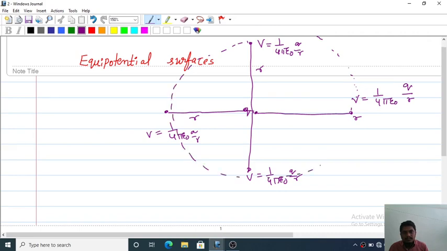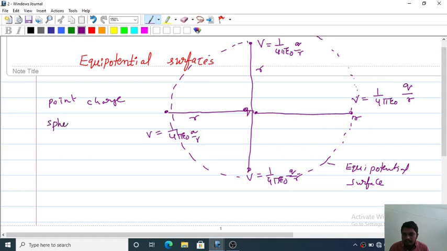If you join all the points which are at the same distance from this point charge, you will get a surface, and at every point of this surface the potential is the same, so this surface is called an equipotential surface. For a point charge, the equipotential surface is a sphere.